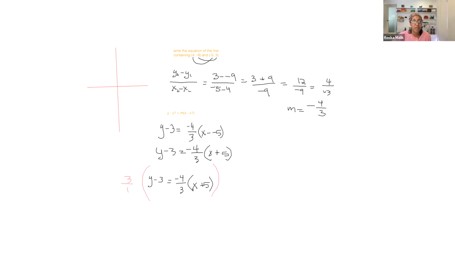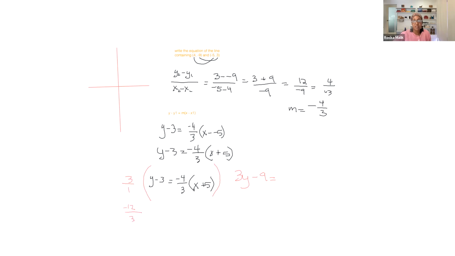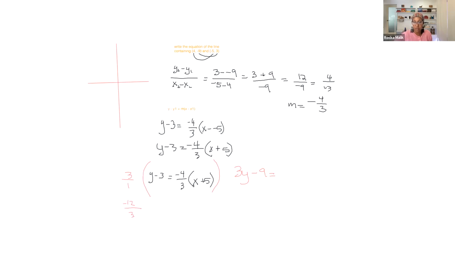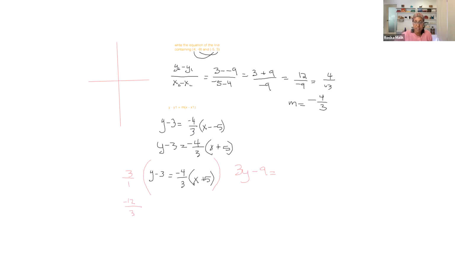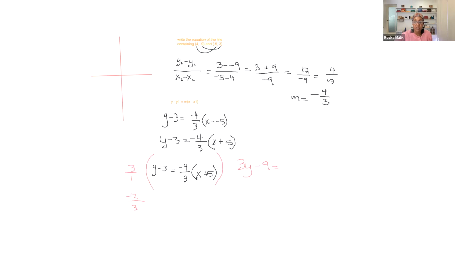So 3y minus 9 equals negative 12 over 3, which is just a negative 4. It gets rid of this. Using negative 4 times these same things.